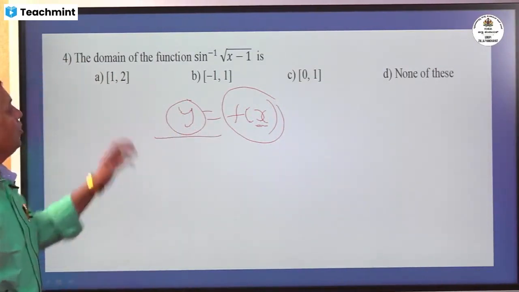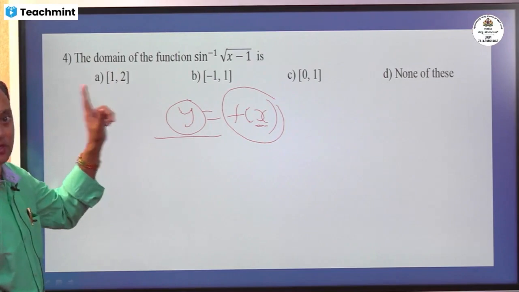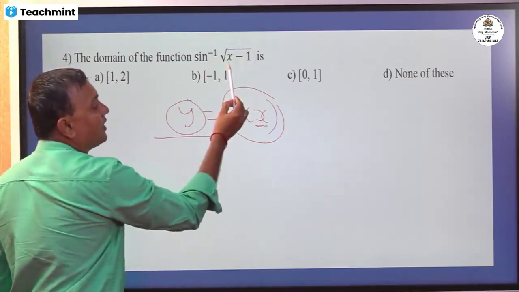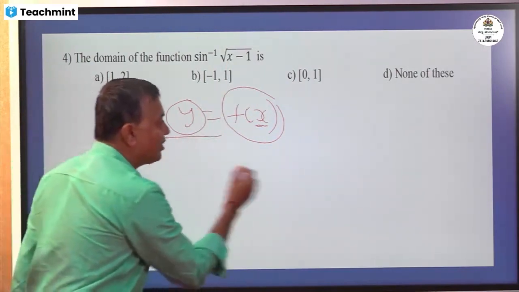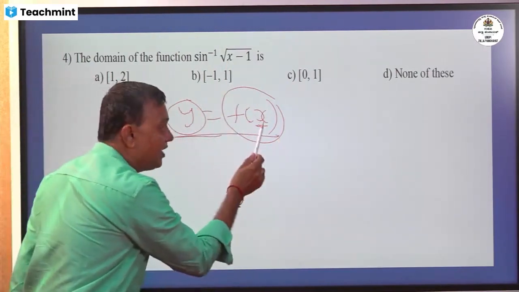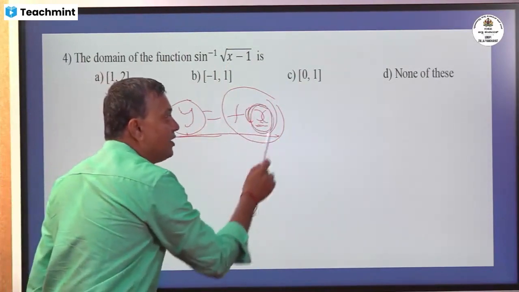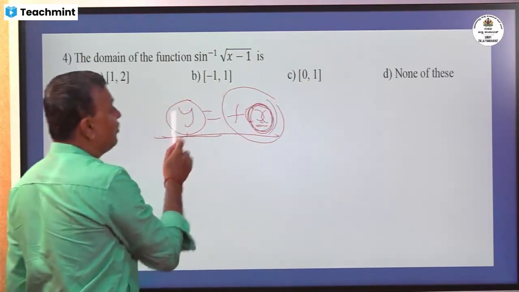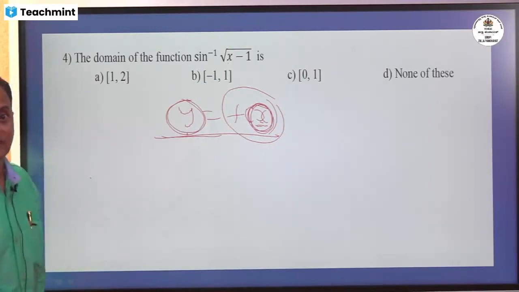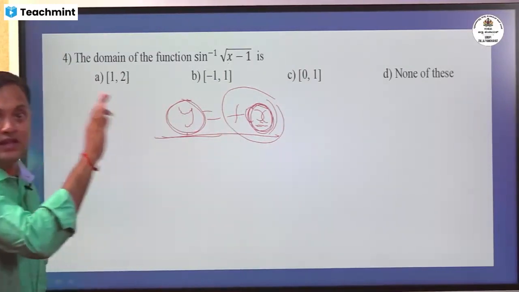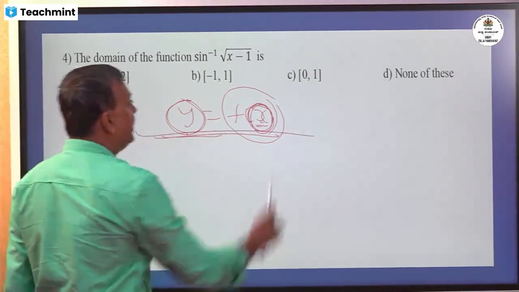Here the domain is asked. Domain means the values of x. In the function y equal to f of x, x is the independent variable, y is the dependent variable. The set of values of x is called the domain, y is the range. We deal with domain and range in the entire real numbers.